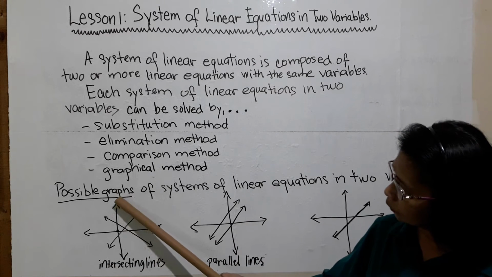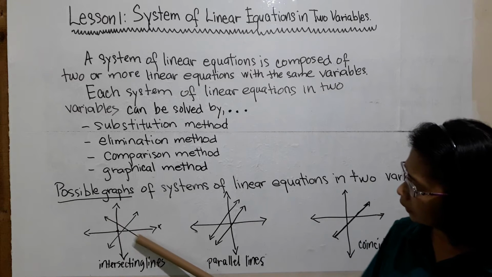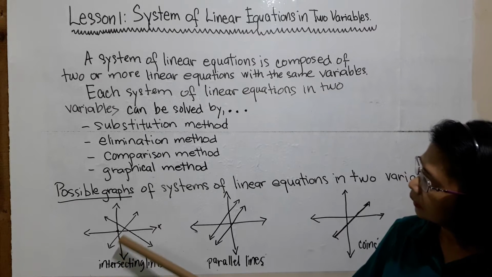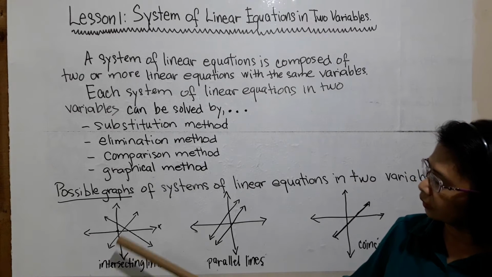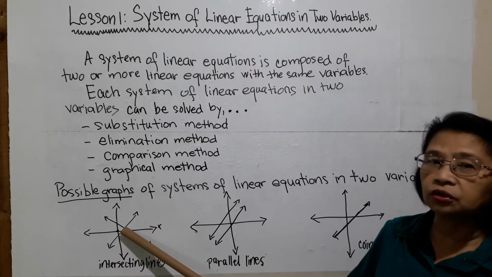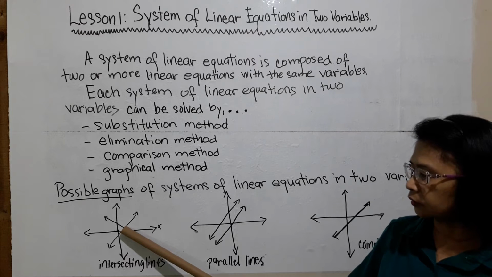So this is the y-axis, the x-axis, and these are the intersecting lines of the given system of linear equations. The point of intersection is the solution of the system.